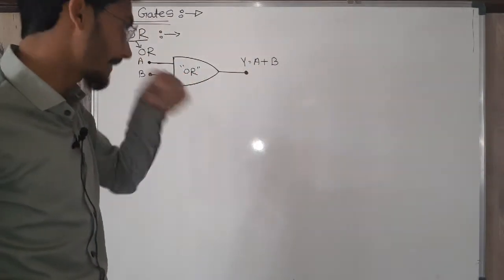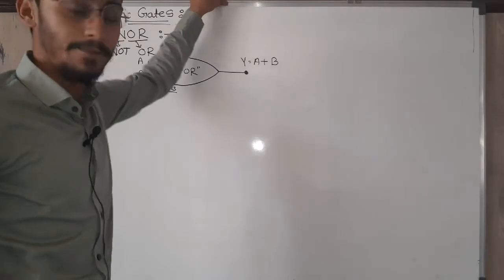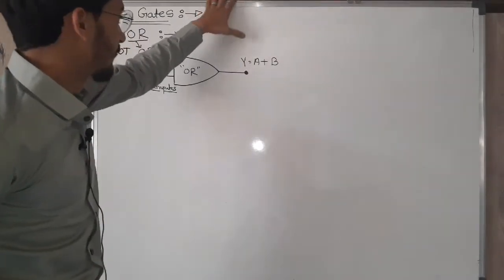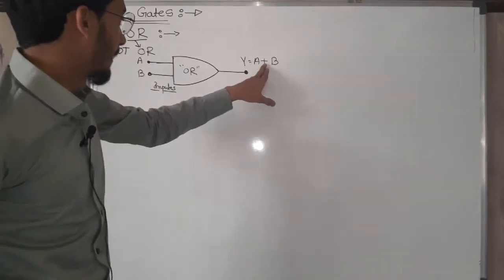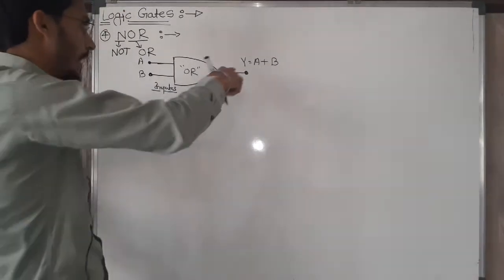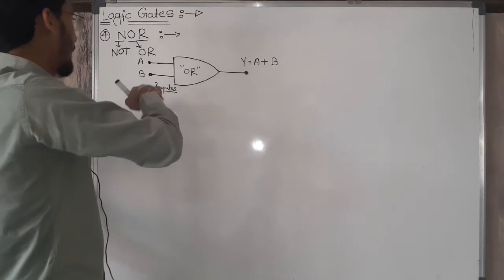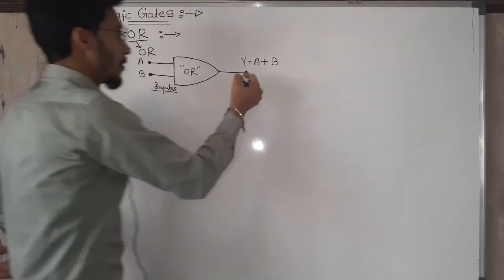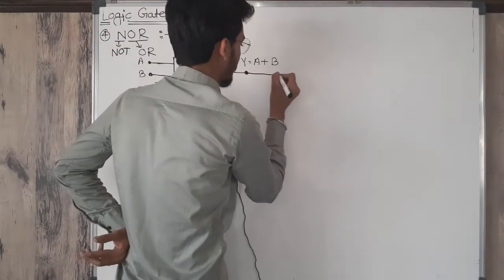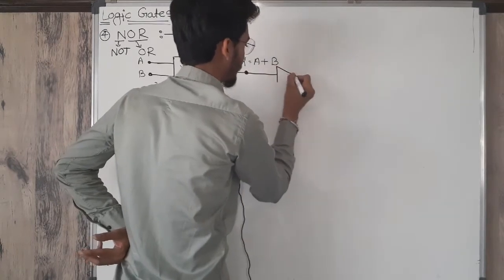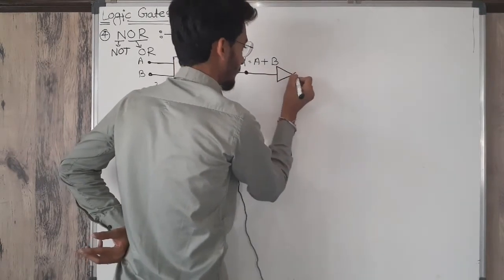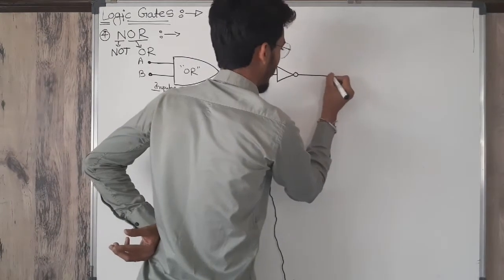We can say Boolean algebra, right? In my previous video I already taught about that. Alright, so this is the output for the OR gate. But that is not the OR gate, that is the NOR gate. So now we combine a NOT gate in series combination. So that is a NOR gate.